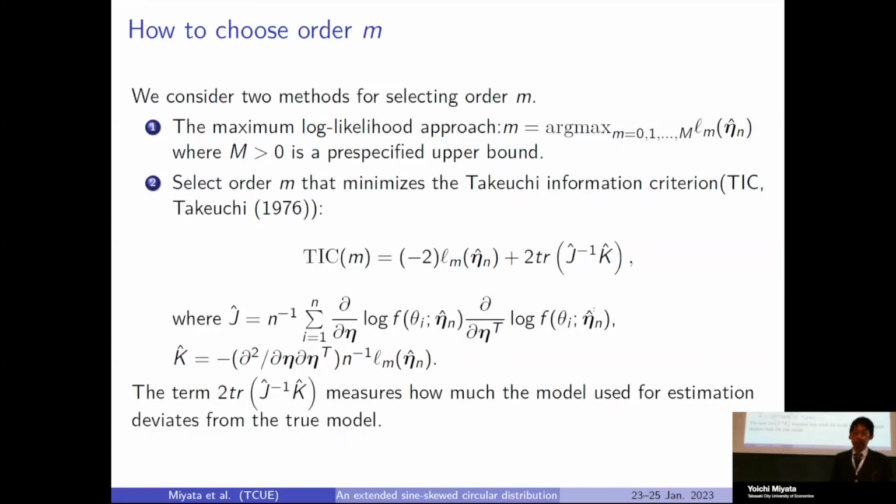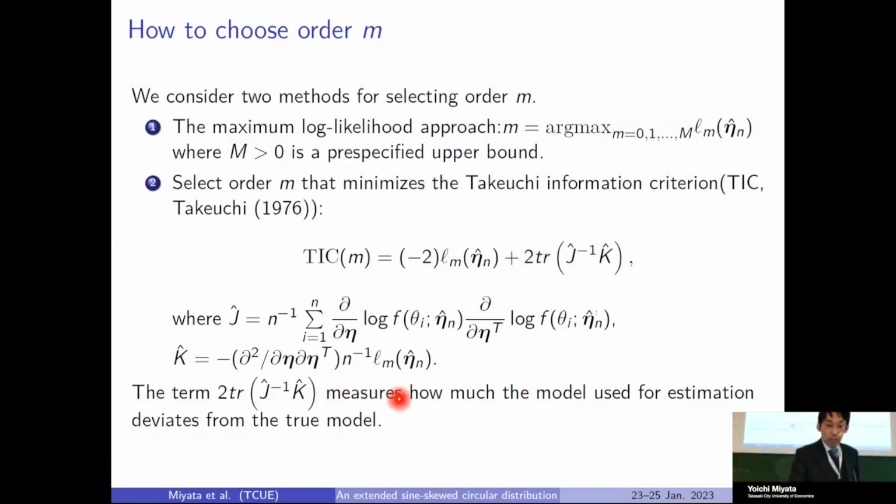The first is the maximum log likelihood approach, which is given by this expression. Capital M is a specified upper bound. The second is to select the order m that minimizes the Takeuchi information criterion.